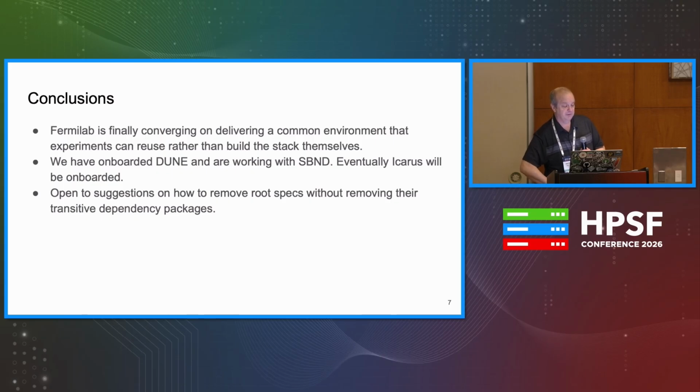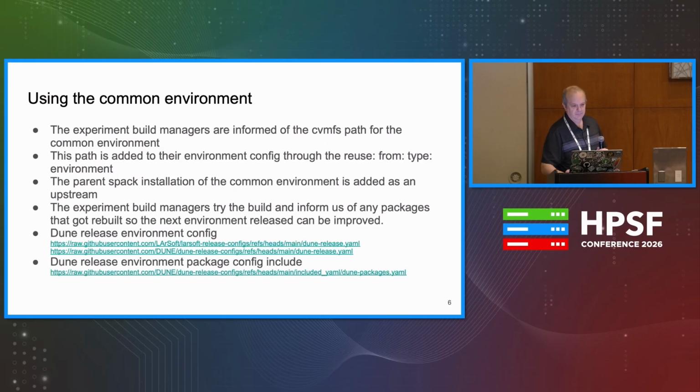And we're open for suggestions on how to remove the root specs for the experiments without removing their transitive dependencies. We actually had a request from the University of Oregon for something like this, where you have a root spec that you don't want to build or install, but we still consider it for unification and for resolving transitive dependencies, and we install everything else.